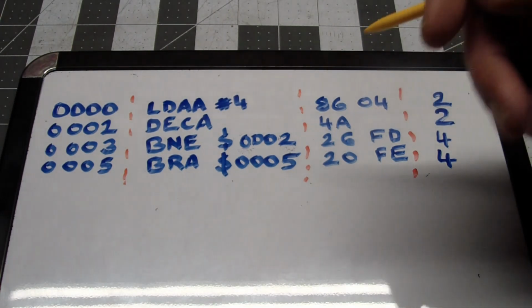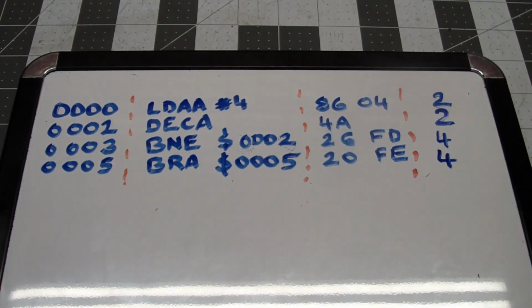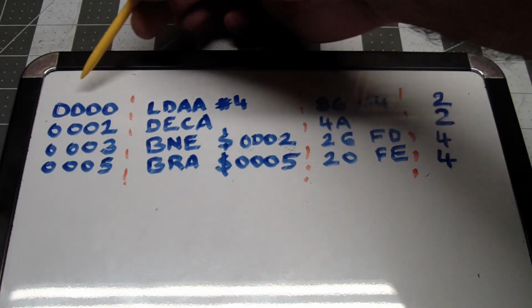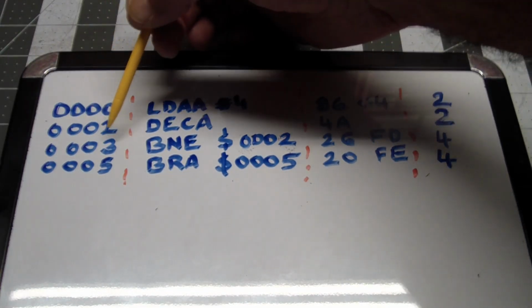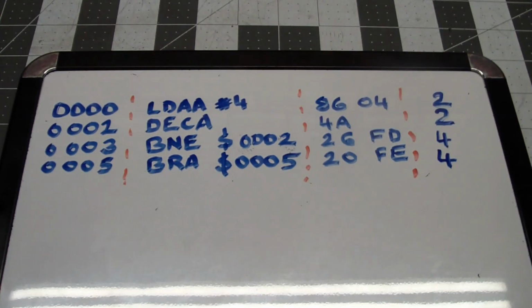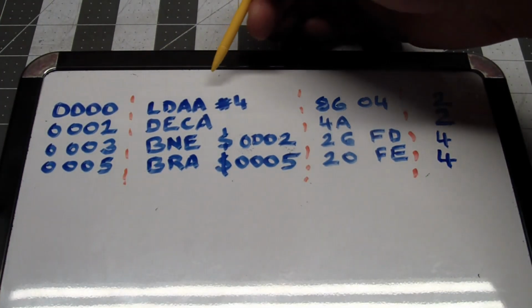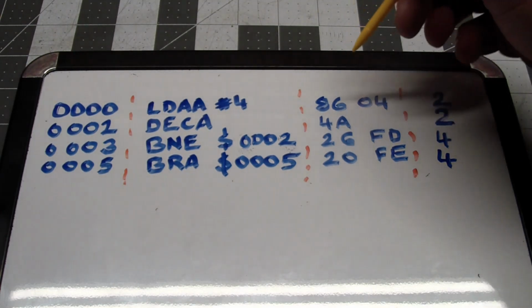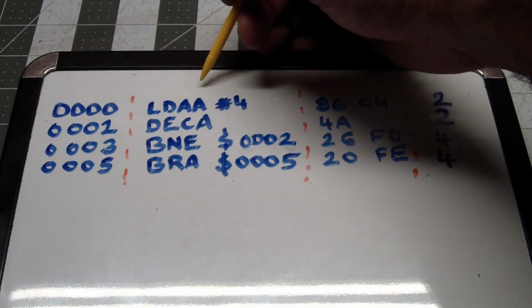Obviously these are all hand-drawn, handwritten I should say, but the first column is the memory location of where each instruction sits. The second column is one step before machine code or machine language. This is assembly language.